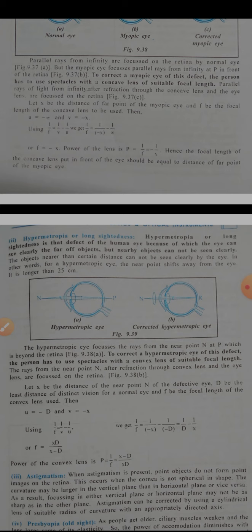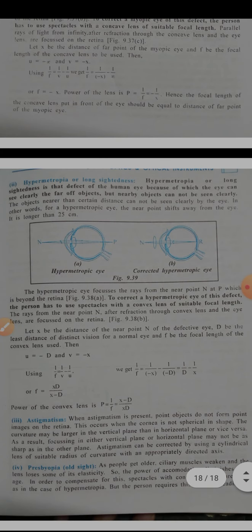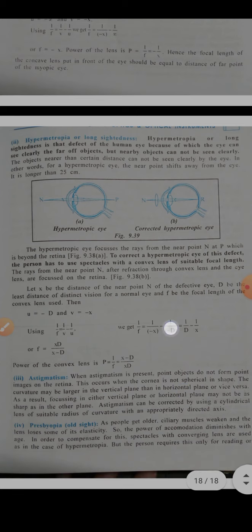In this, we can see far objects but we cannot see nearer objects. In this case we use a convex lens of suitable focal length, and by using this we can overcome the defect of the eye.